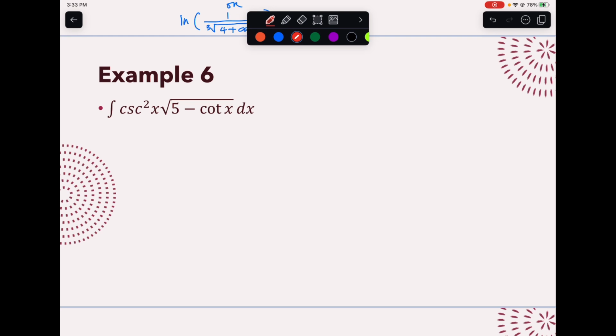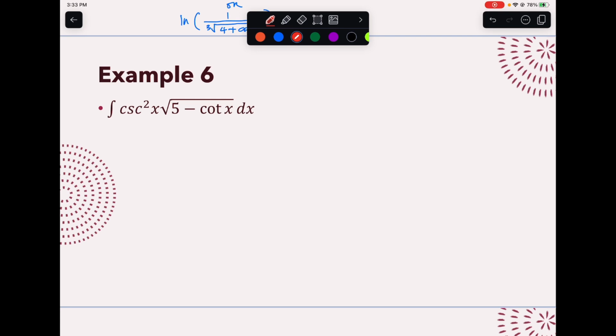Okay, so for number 6, this is a bit complicated again. So we have cosecant squared x, and then the square root of 5 minus cotangent x. If we're going to use some identities here, it will be difficult to simplify this one because of the radical sign. But as long as you can see, whenever you see cosine and sine, most probably we can use power rule, logarithm, or exponential function.